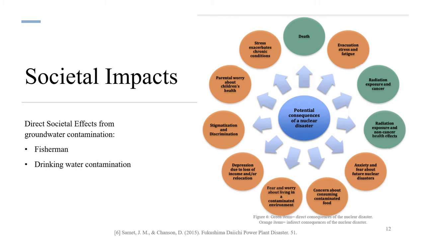In addition, bioconcentration exacerbates the situation. Algae become contaminated and then affect the rest of the food chain, including humans. Reports of contaminated drinking water are also a concern as the groundwater is contaminated by the nuclear facility as well.